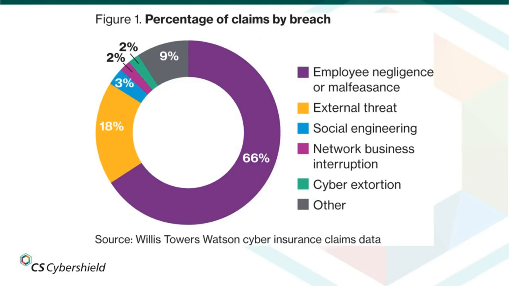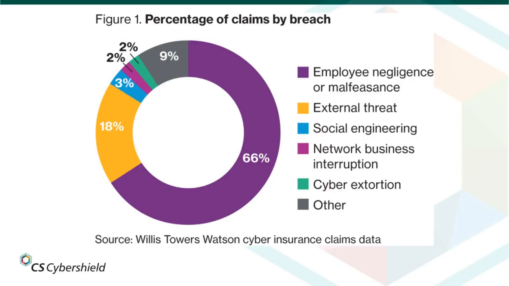So you can see once again that employee negligence is one of the biggest factors which contributes to breaches of business security. This means the human factor. External and employees are generally humans. There is where the biggest problem lies.